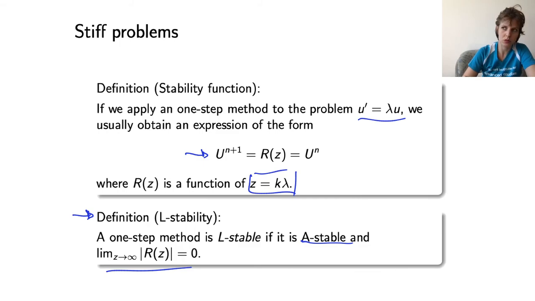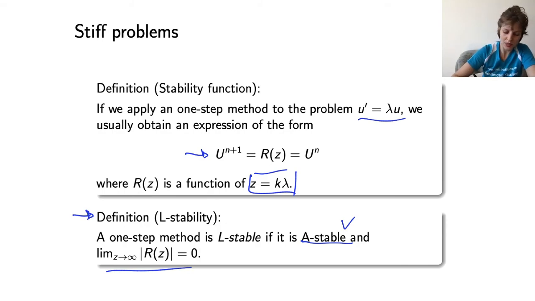Because if that doesn't happen, we can get some oscillations. In the case of the trapezoidal method, it is A-stable, but it is not an L-stable method, so we can have some oscillations.